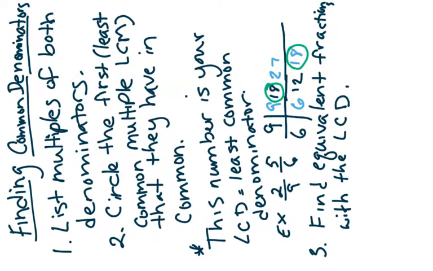So now we look at what we multiplied by 9 to get 18. And as you can see, this is times 1, this is times 2, this is times 3, this is times 4.